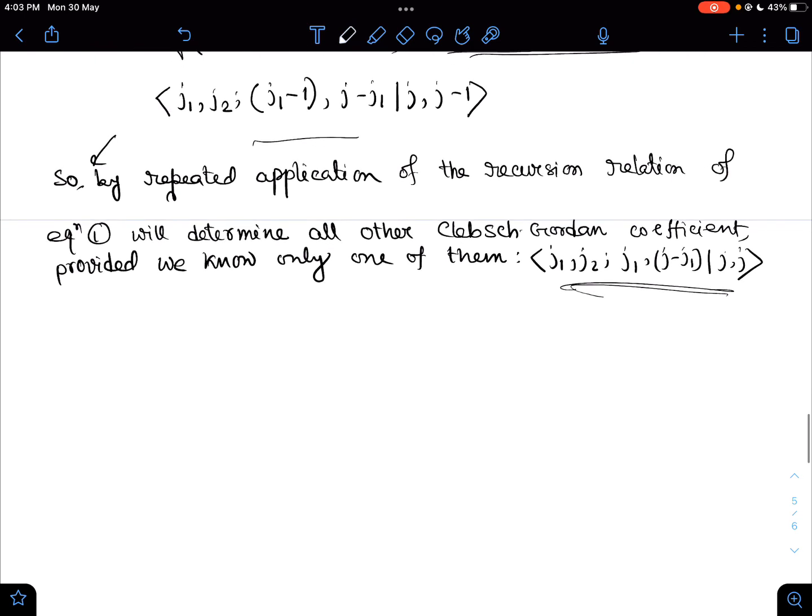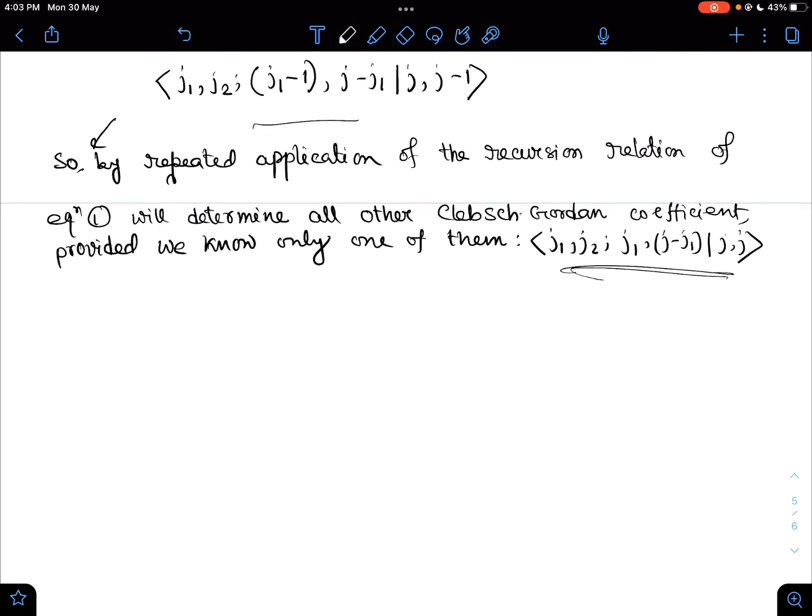So the convention is known as phase convention. The phase convention states that we consider this, J1, J2, J1, J minus J1 and JJ, to be real and positive.